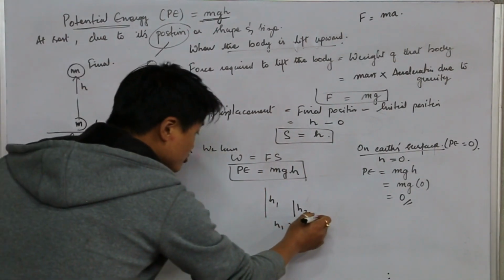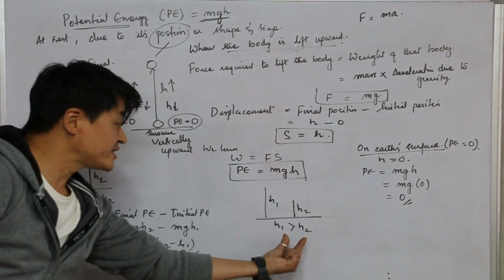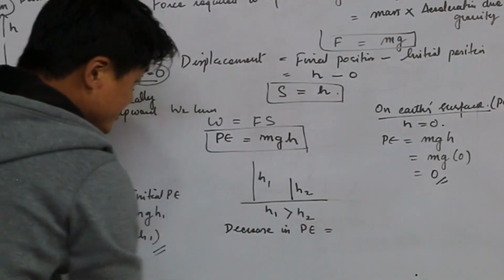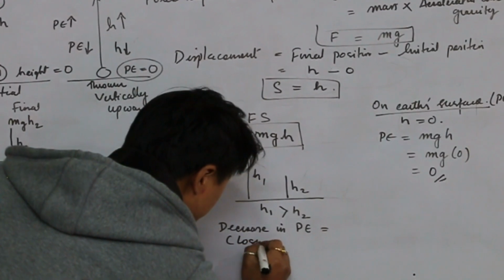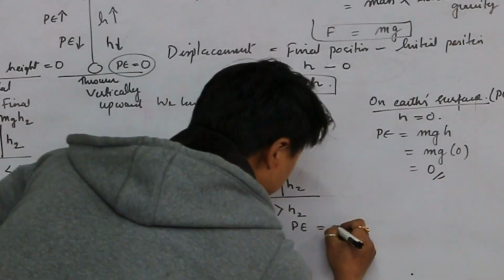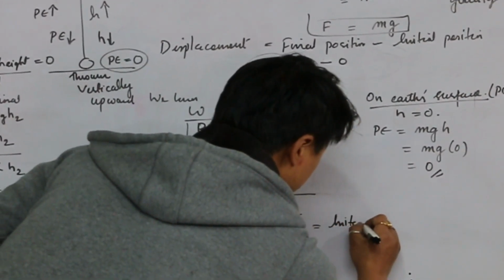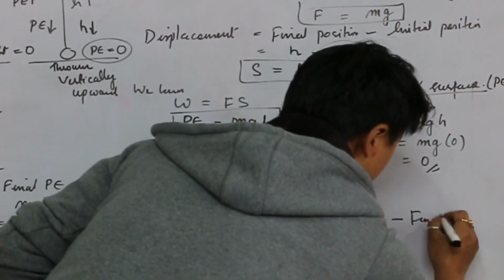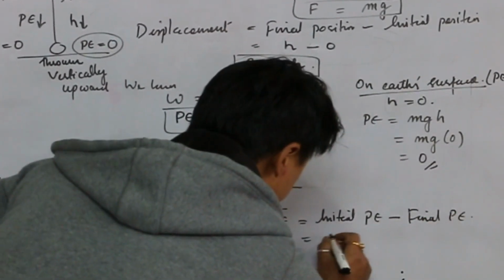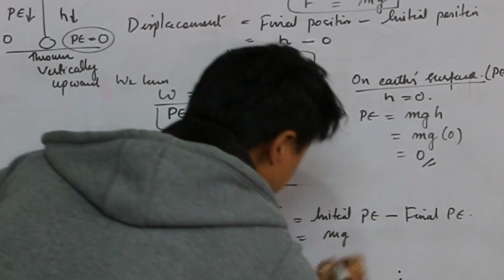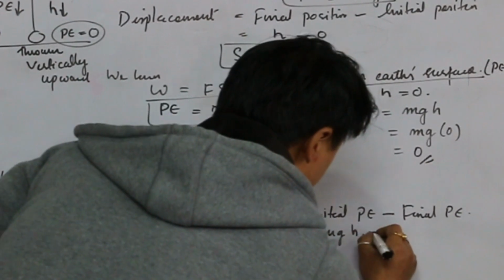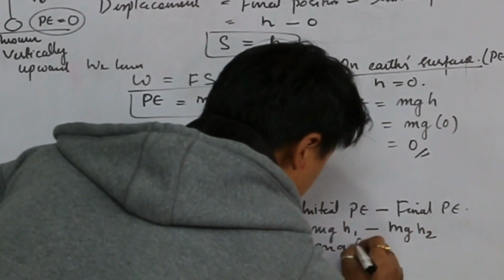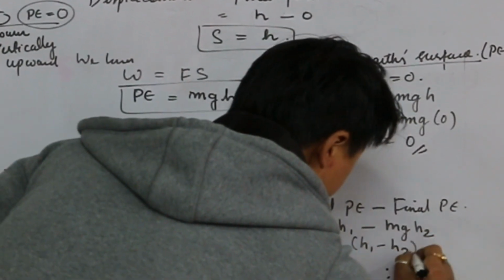When the height decreases, potential energy will also decrease. So the decrease or loss in potential energy will be initial potential energy minus final potential energy. This is mgh1 minus mgh2, which is equal to mg(h1 minus h2).